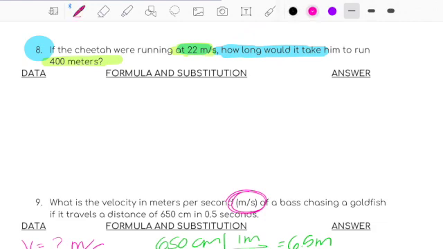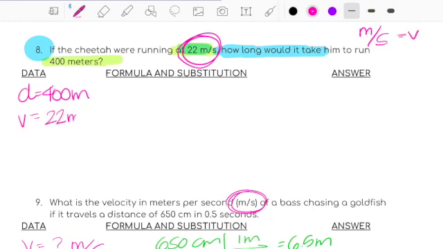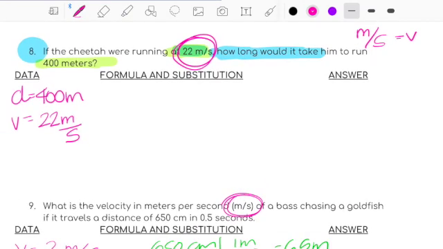Okay, but I know that distance is 400 meters and the 22 meters per second, the meters per second always will be for velocity. So velocity equals 22 meters per second. We're talking about velocity problems. So I know that velocity equals distance divided by time, even though that's not the formula I'm using right now. Okay, so I have velocity, I have distance, so I'm missing time.